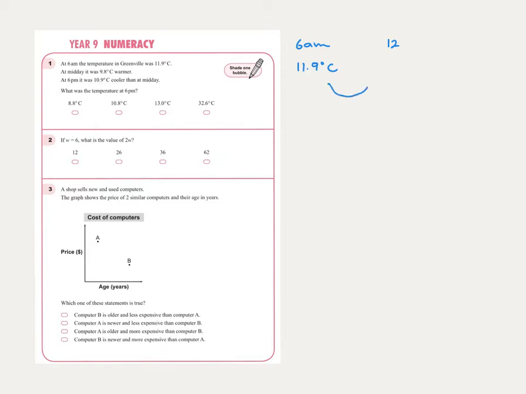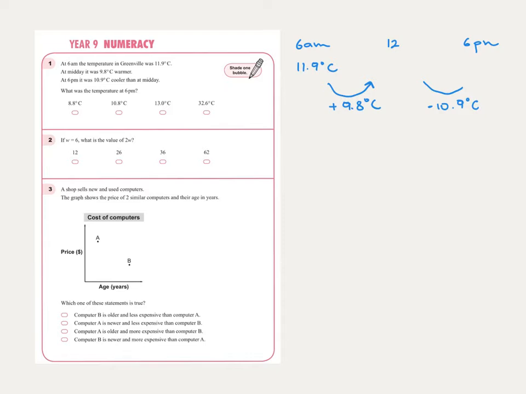So warmer means it has increased by 9.8. And then at 6 p.m., it was cooler. So for whatever it was at midday, it was cooler, take away 10.9 degrees Celsius. And what was the temperature at 6 p.m.?